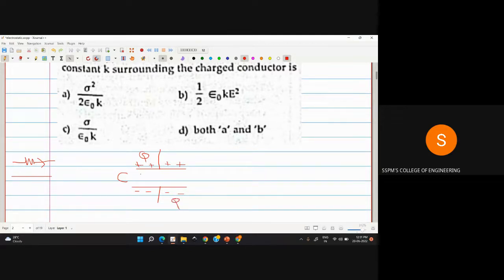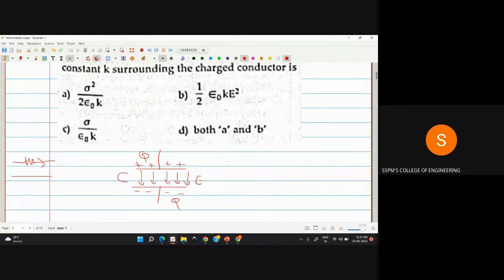And you know the lines of electric field originate from positive charge and terminate at negative. So what is the direction of electric field? It will be directed from the positive plate to the negative plate, isn't it?